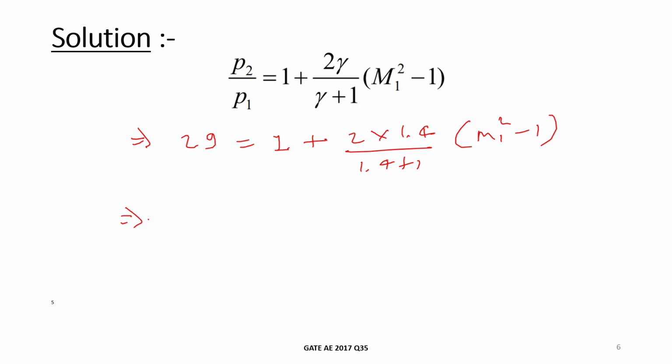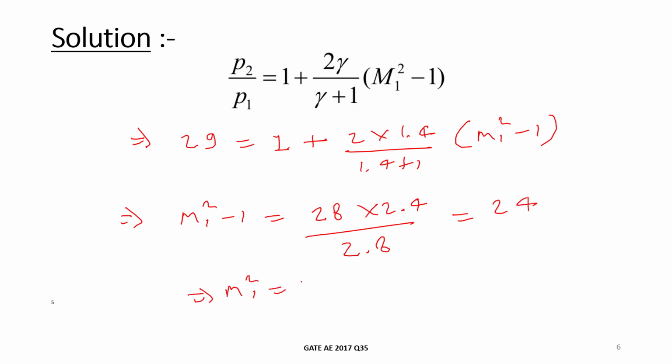So this can be simplified as M1 square minus 1 equal to 28 into 2.4 upon 2.8, which will be equal to 24. So M1 square will be 25. So M1 will be 5.